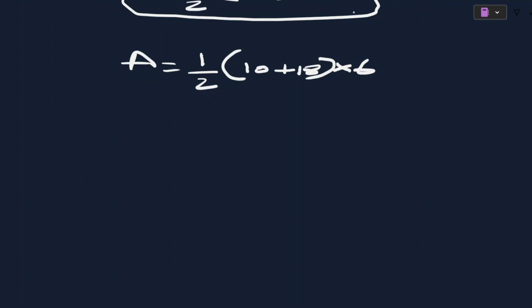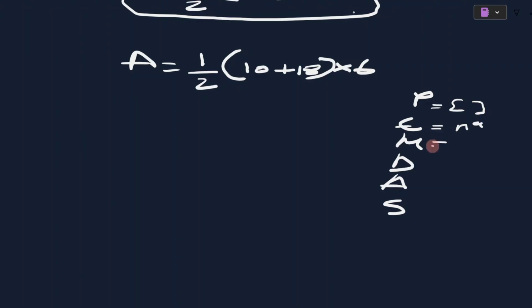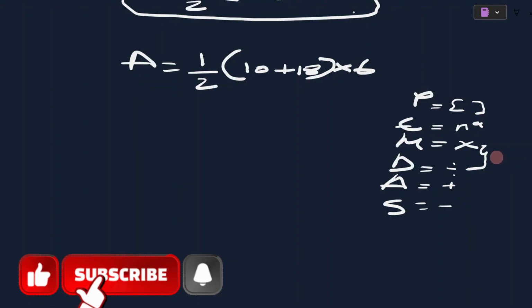So here we apply our PEMDAS or BODMAS. Remember, the rule of PEMDAS says that we should apply the parentheses first, followed by the exponents, followed by the multiplication, followed by division, and then addition and subtraction. But remember that multiplication and division have the same priority, or the same hierarchy or level. That means it must be solved from left to right, depending on the one that comes first.